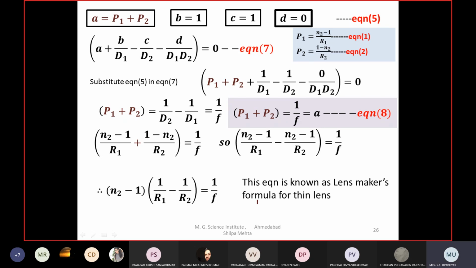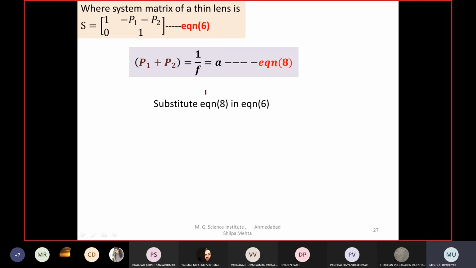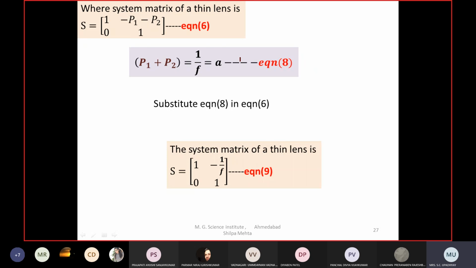Earlier you derived this equation with a different approach. Using the matrix method, we have also derived the same equation. So our system matrix of a thin lens can be represented by this equation, where P1 plus P2 equal to 1 upon F equal to A. Thus, substituting equation 8 in equation 6, we get the system matrix of the thin lens with value 1, P1 plus P2 equal to 1 upon F, so we get 1 upon F, 0 and 1.